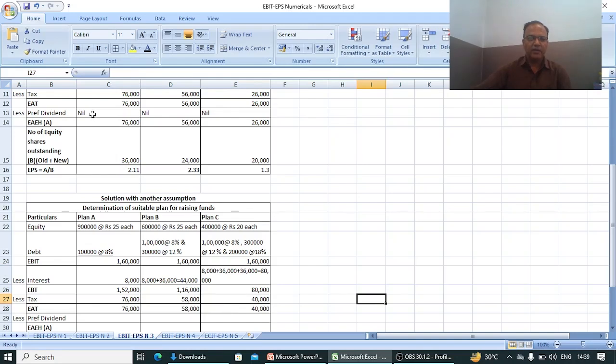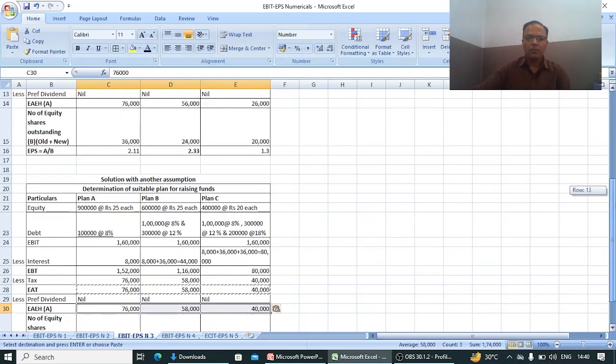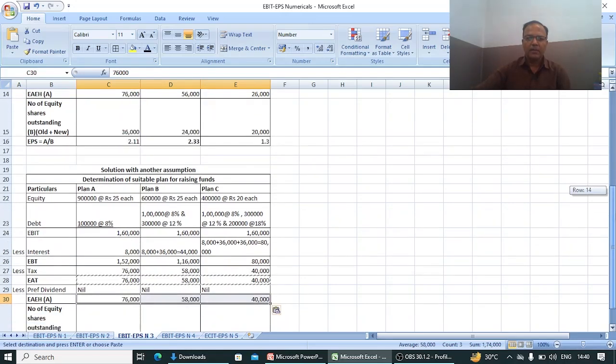Preference dividend nil. Old plus new shares are same.